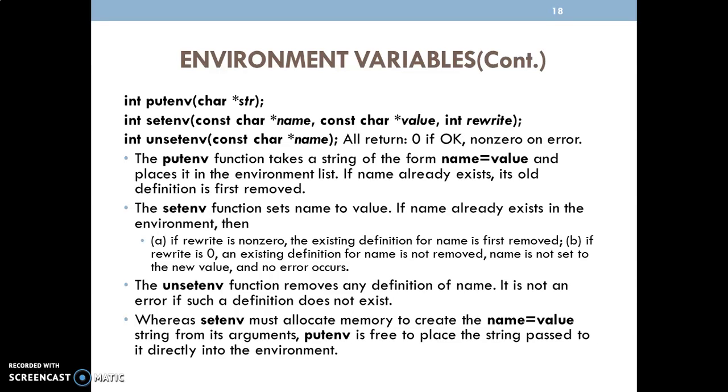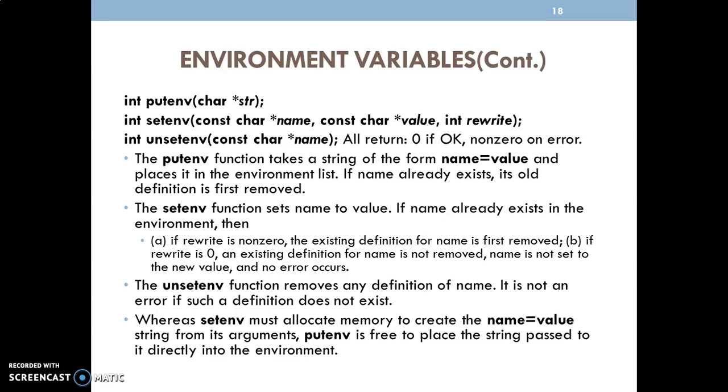If rewrite is non-zero, the existing definition for name is first removed. If rewrite is 0, the existing definition for name is not removed, name is not set to the new value, and no error occurs. That means if the rewrite value is other than 0, the old one will be removed and the new one added. If rewrite is 0, the existing definition is not removed, and only the value is added.